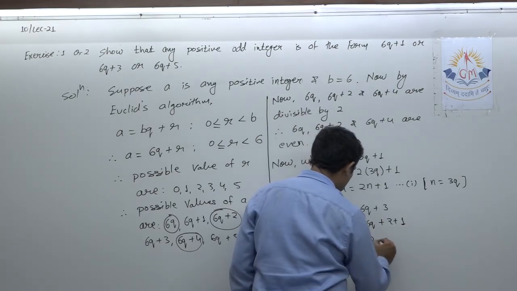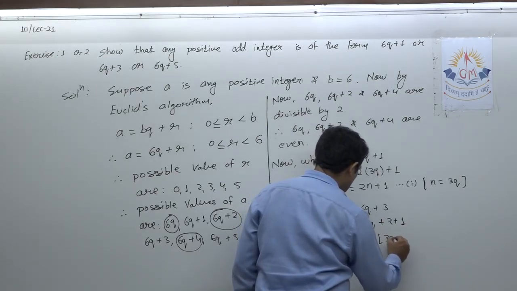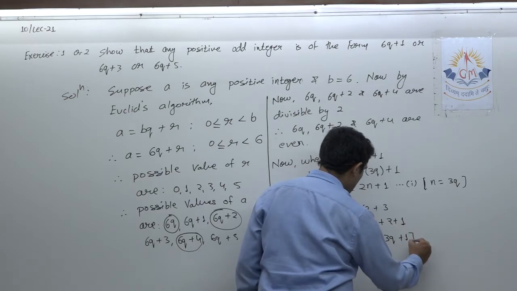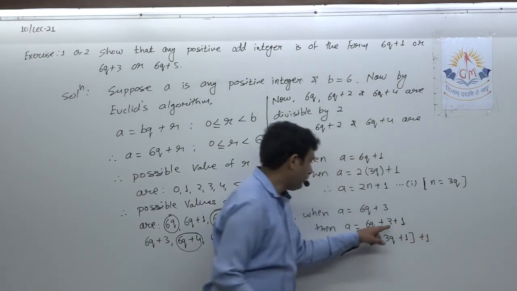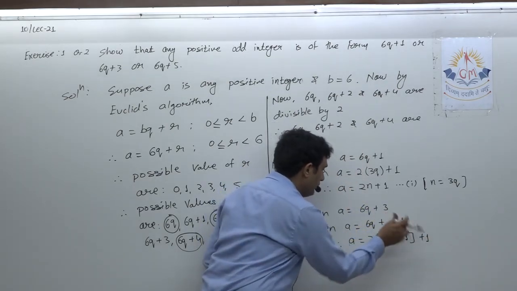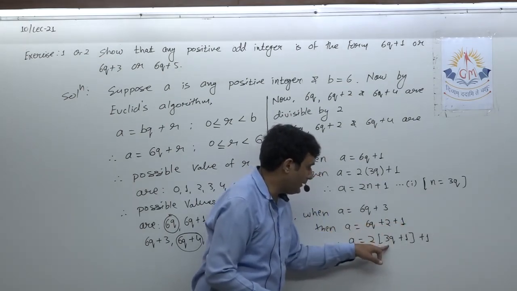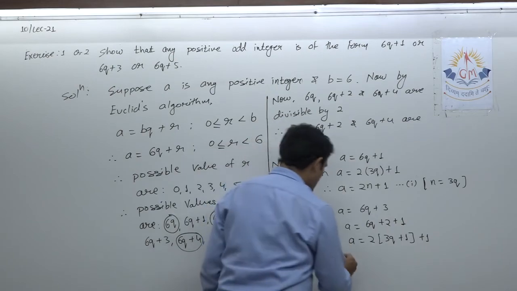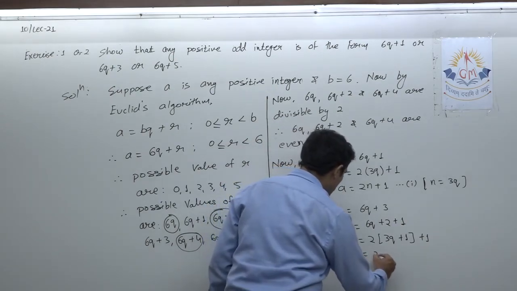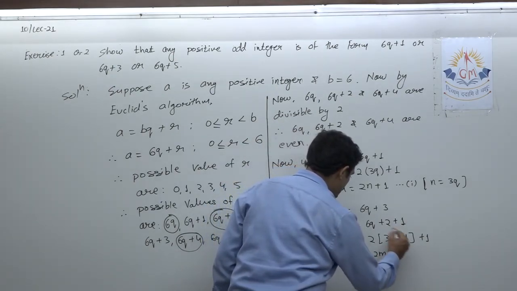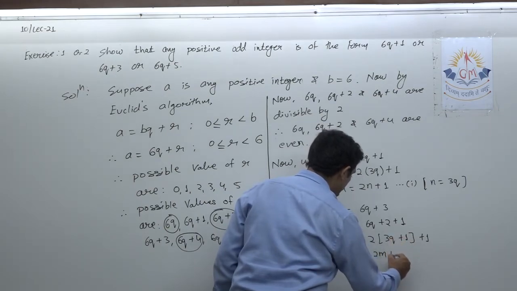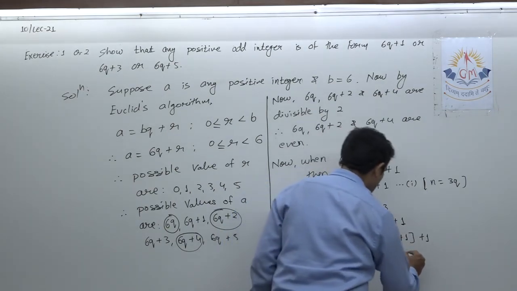Therefore a is equal to, now if I take 2 common, here I will get 3q plus 1 plus 1, isn't it? I took 2 common from these two. So when I take 2 common, here I will get 3q plus 1. Therefore a is equal to 2m plus 1. Let it be second.